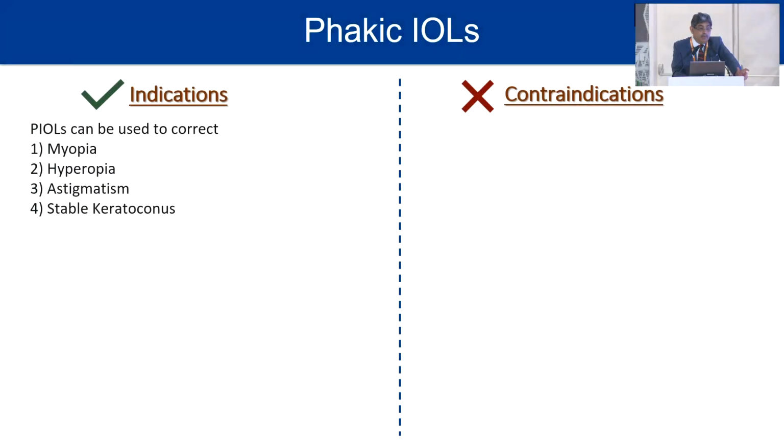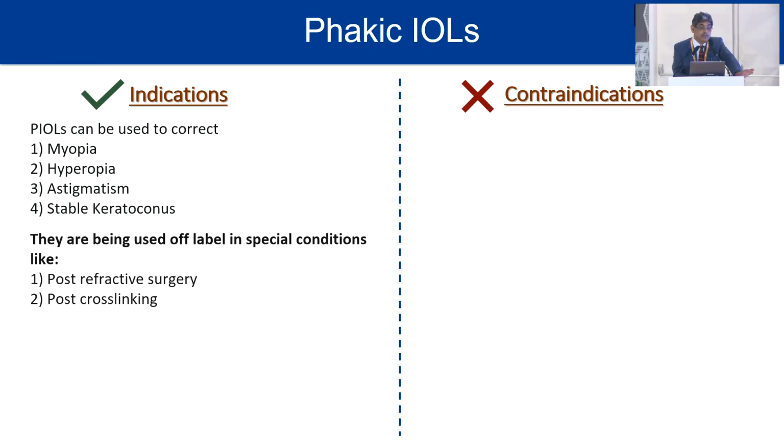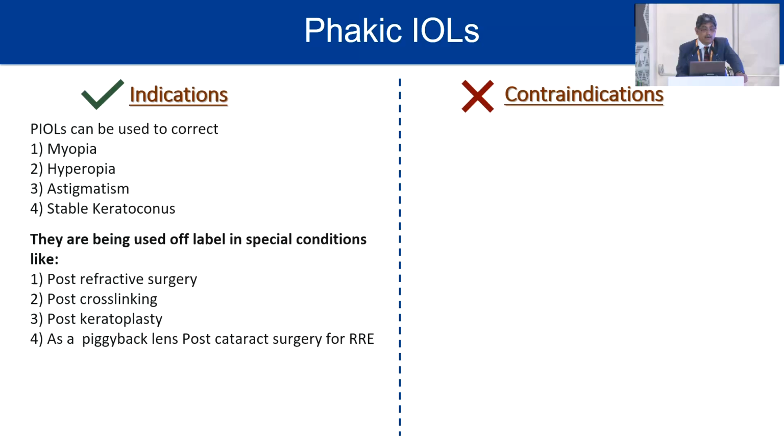So indications are, we have to choose the patient who has myopia, hyperopia, astigmatism, or a case of stable keratoconus, and they are being used off-label in other special conditions like post-refractive surgery patients as a bioptics, post-cross-linked patients, post-keratoplasty patients, and as a piggyback lens to correct the residual refractive error, and in some cases of pediatric anisometropia, which are of very high power, maybe more than 18-20 diopters at that young age.